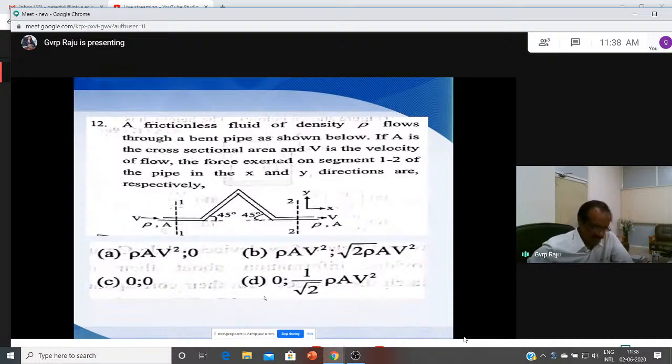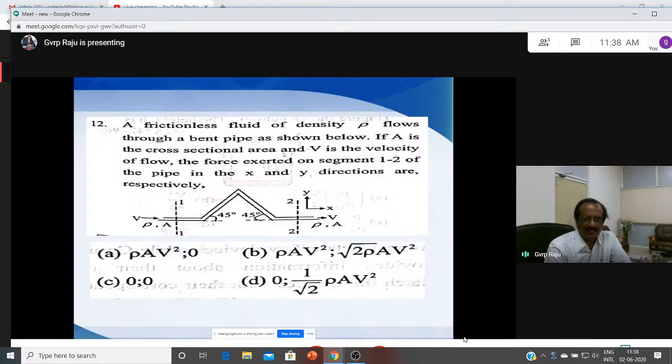Question 12. A frictionless fluid of density rho flows through a bent pipe as shown below. The fluid is taking this path here and coming down as shown.